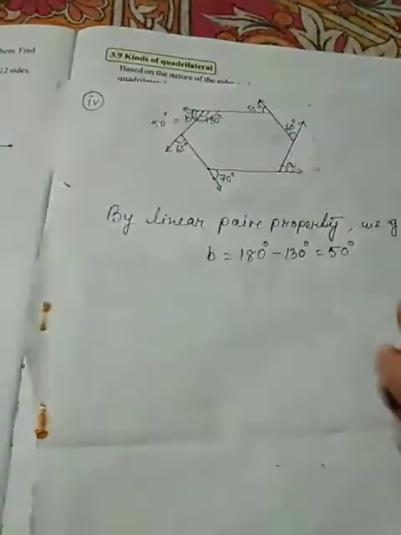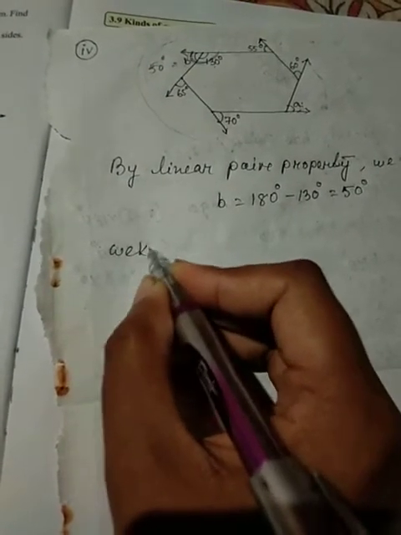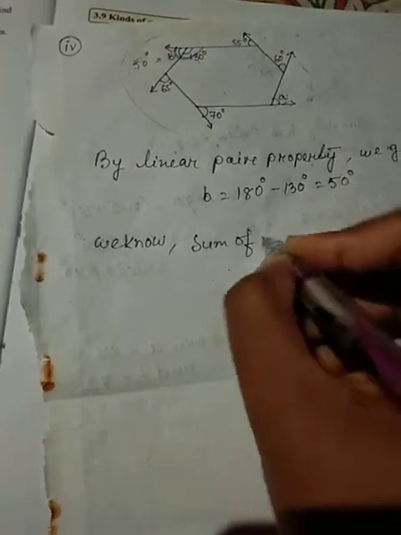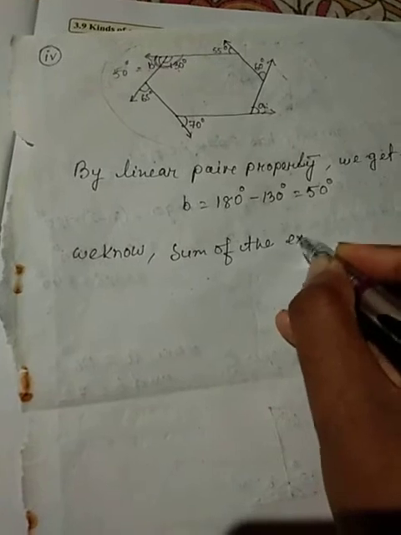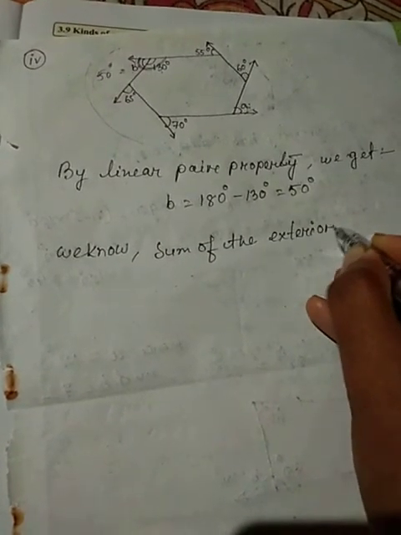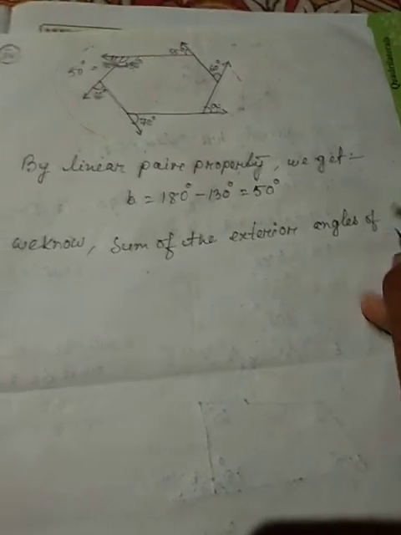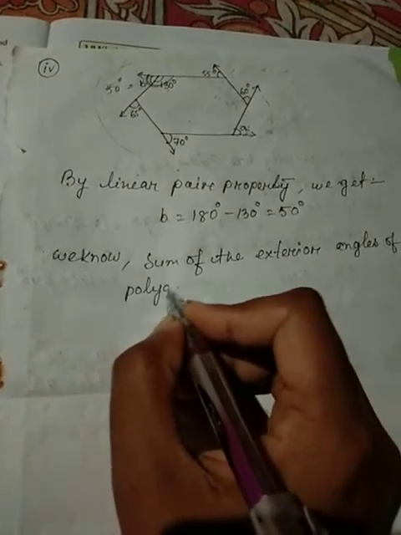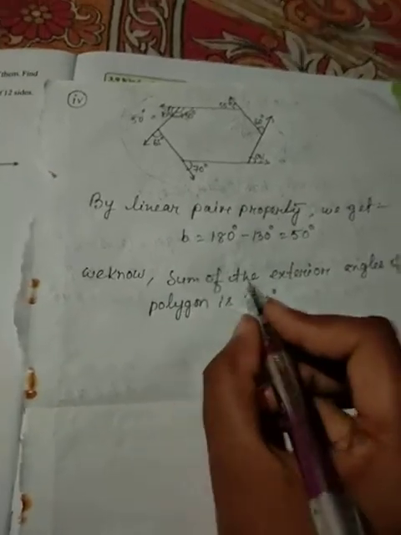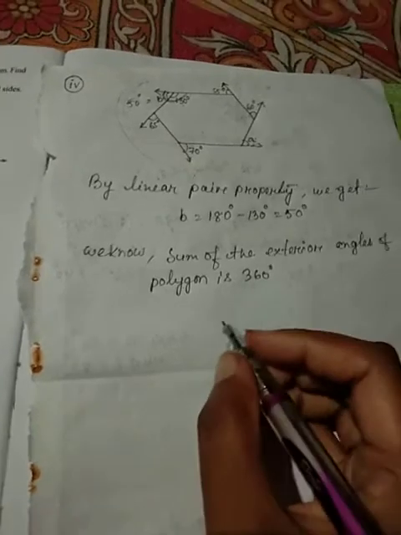So by using, we know the sum of the exterior angles of a polygon is 360.